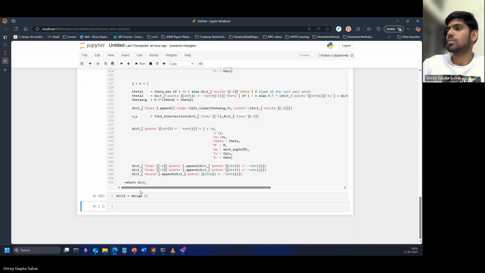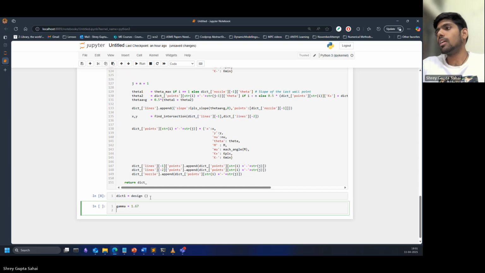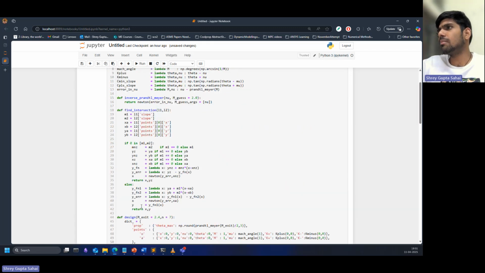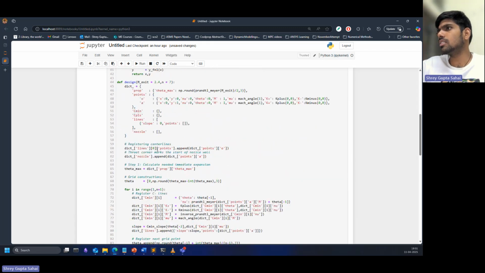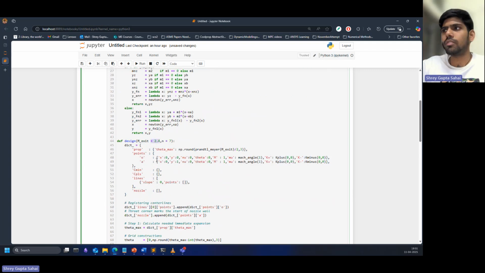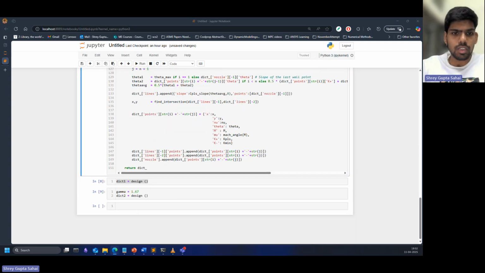Now let's change gamma to 1.67 and do the same thing. And let's see what happens. We are finding a Mach design, the design Mach number is taken as the default value of 2.4. So let's plot this.